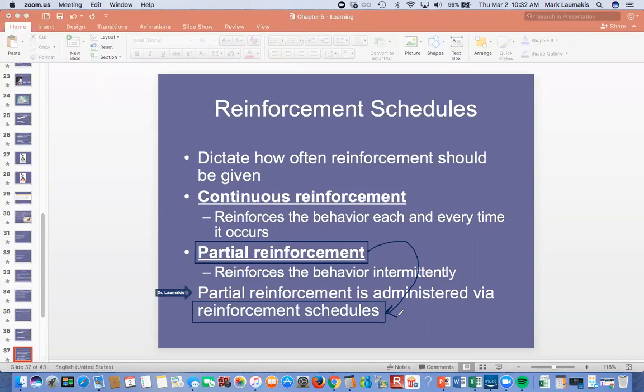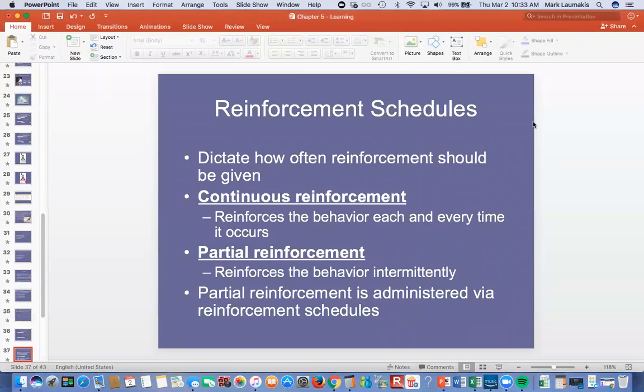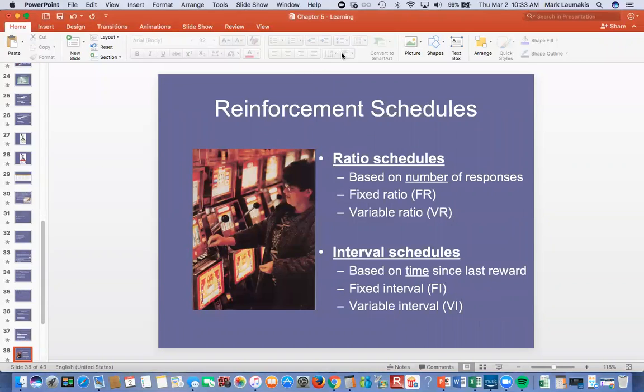We're going to call the ones that are based on the number of responses ratio schedules, and we're going to call the ones that are based on the passage of time interval schedules, and that's what I've got for you on my next slide. Okay. Ratio schedules, as I just said, are based on the number of responses.